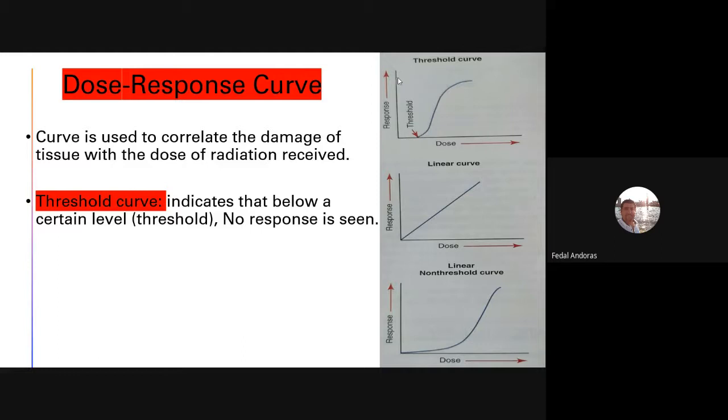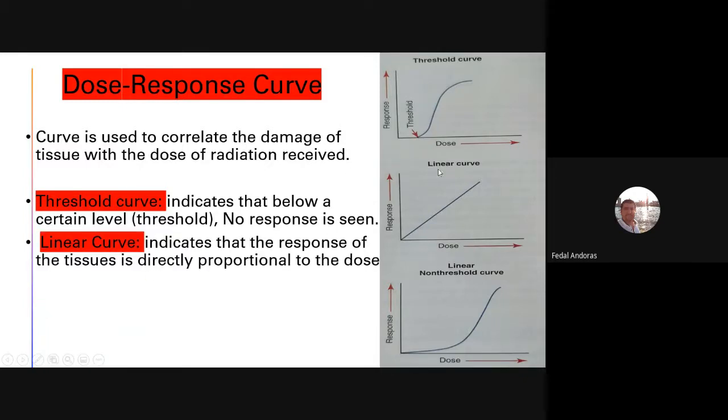Until this threshold is reached, the response will come, like biological change, cell injury, cell death, mutation, and so on. The second one is the linear curve.